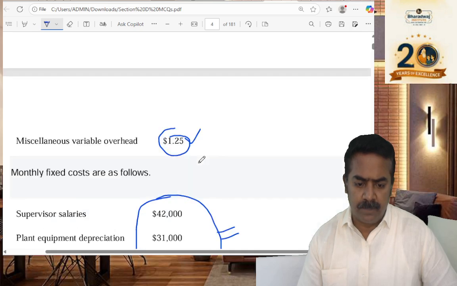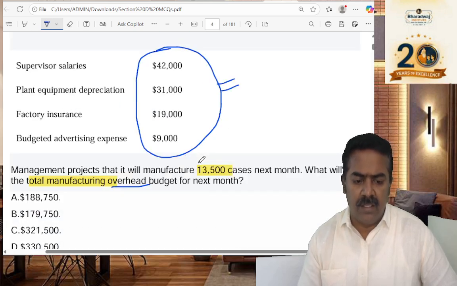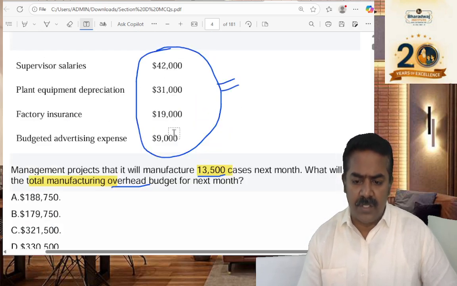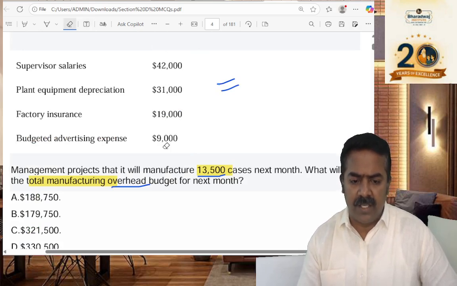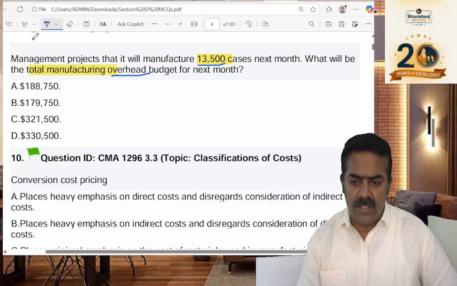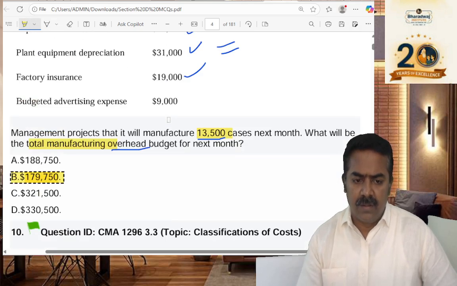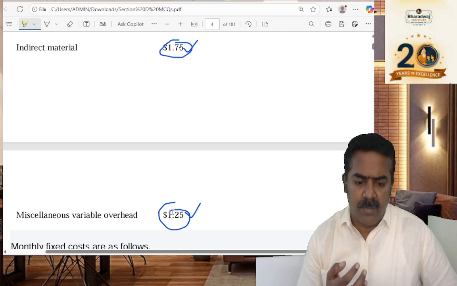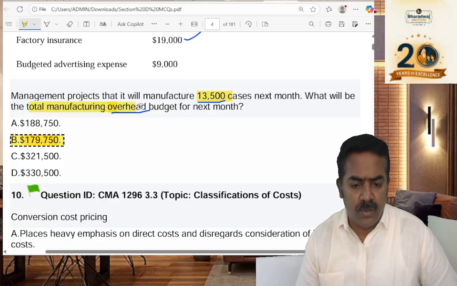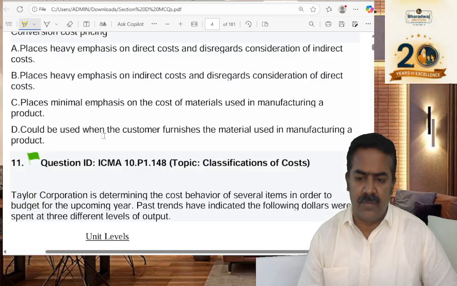What is the total? 6.5 into 13,500, 87,750, plus all your fixed overheads. Don't take advertisement. So add up these fixed costs and variable cost multiplied with 13,500. Overhead budget for the next month is 179,750.